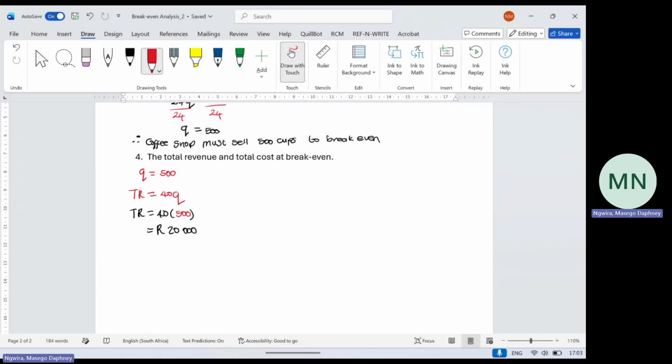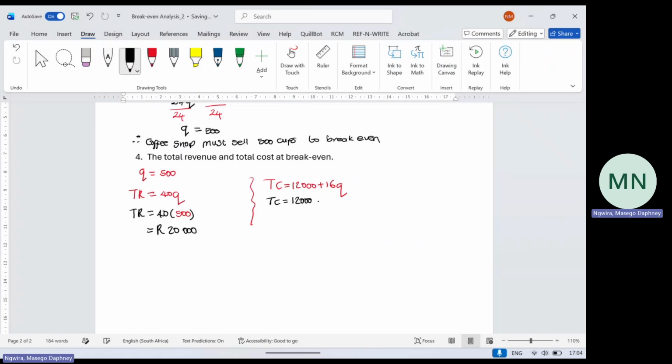Now what about the total cost? Remember we had 12,000 Rand, which is the fixed cost, plus the variable cost, 16Q. Same thing: wherever we see Q, we put 500.